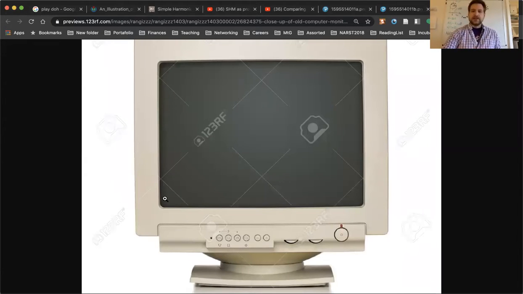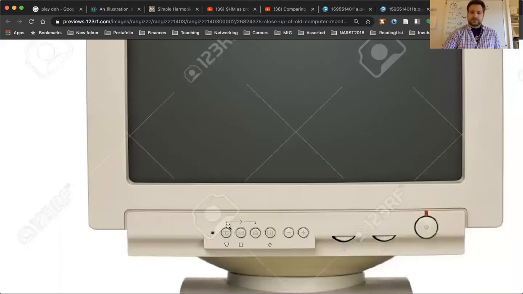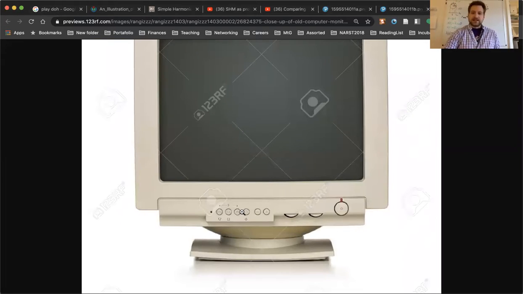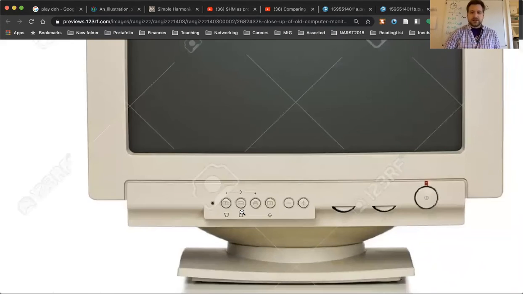Every trigonometric function, sinusoidal function, has 4 buttons in it, 4 dials that are like the 4 buttons on this computer monitor.